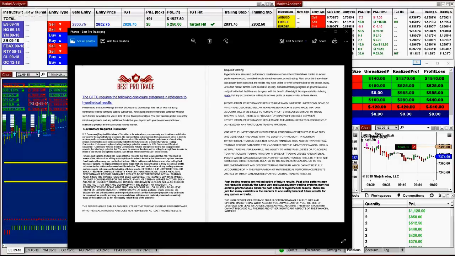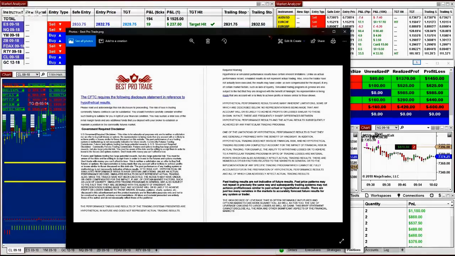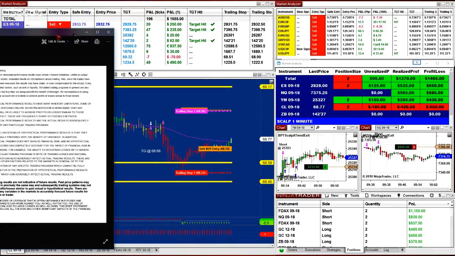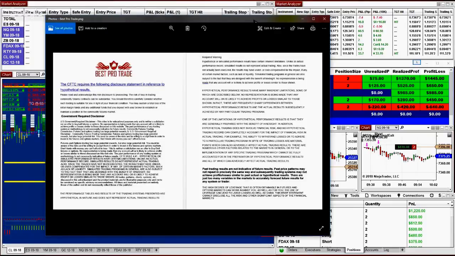Before we start, we have a disclosure. Please be aware of the risk in trading. Some traders are not suitable for trading, so you need to think about it.